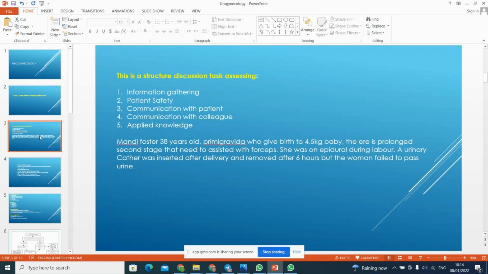So we need to involve a neurologist, a urogynecologist, a physiotherapist, and also the consultant gynecologist. All these people will be involved in her care.